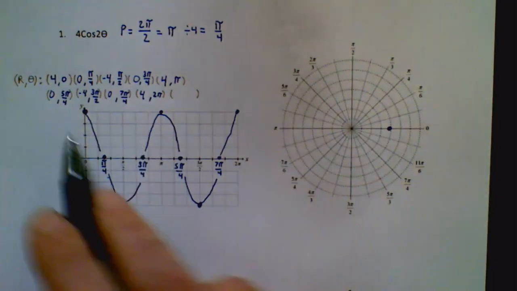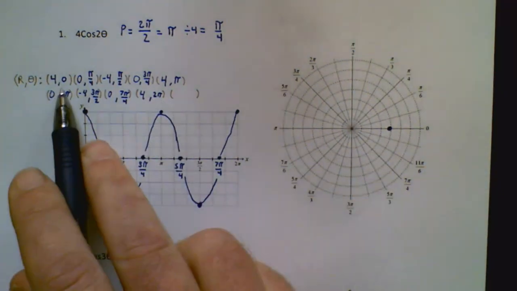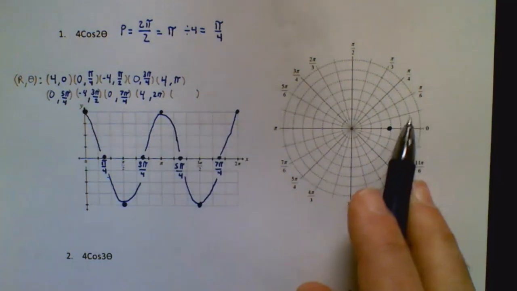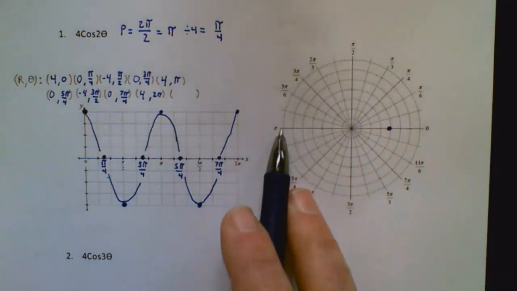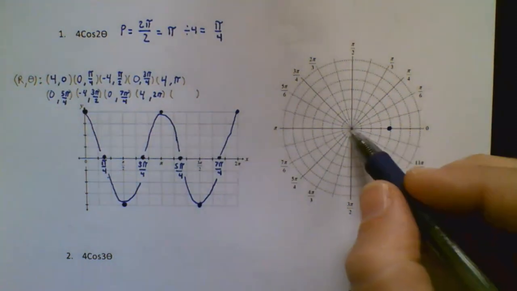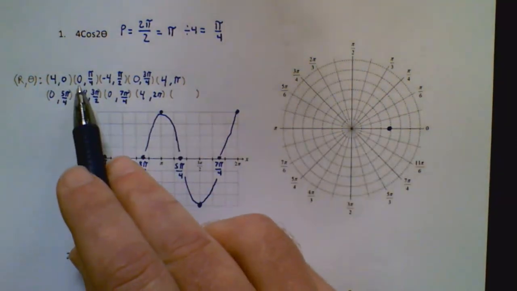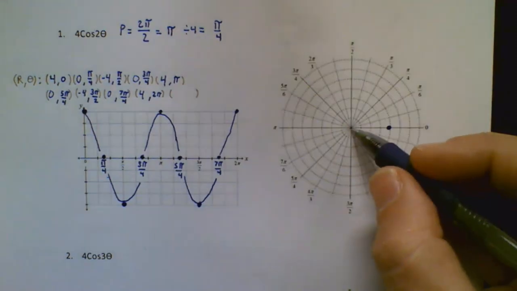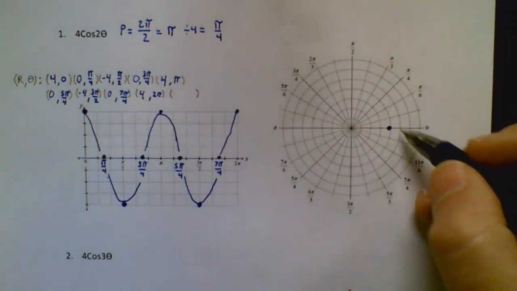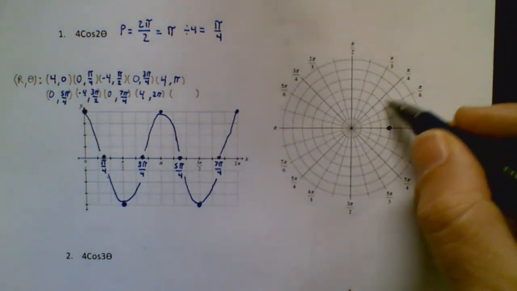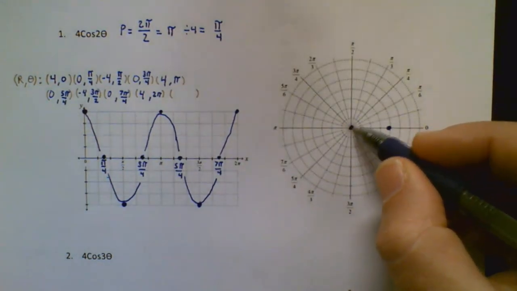Right? So those are the points that we're plotting, but these go in order by angle. So we're traveling this way as we go through that. My first one was at 4 and then 0 degrees. Then I'm going to 0 at pi over 4, so at 0 radius. As I approach pi over 4, my length is 0.